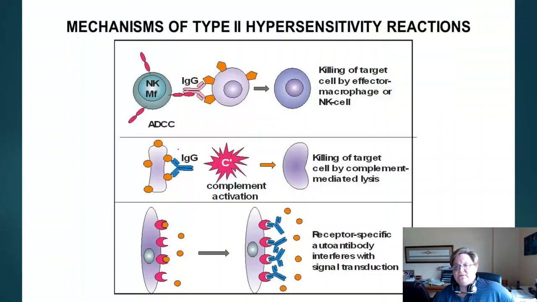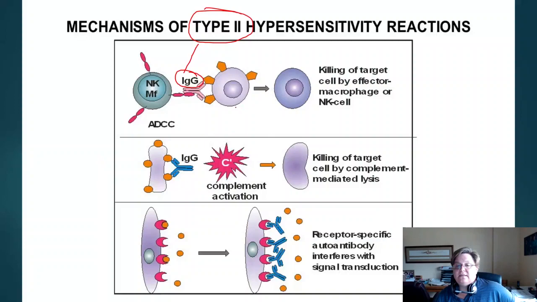Mechanisms of type 2 hypersensitivity reactions are a little bit different. So now we're at type 2. We're going to find that we have IgG, and that's our problematic issue with type 2 hypersensitivity reactions.